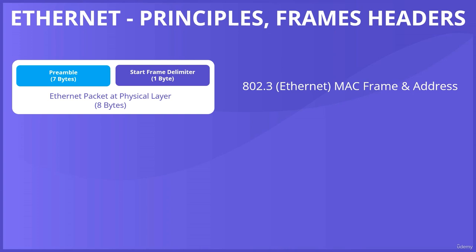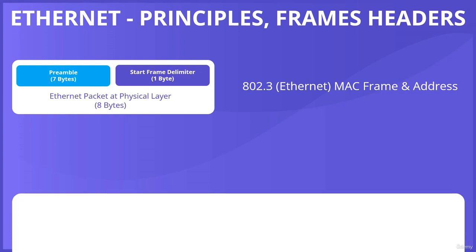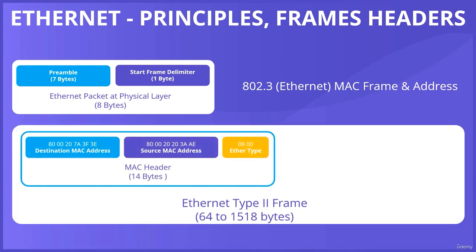There are 4 types of Ethernet frames, and the most common one is the Ethernet 2 frame, also known as DIX frame. We're talking about the Ethernet 2 frame at the moment. Each Ethernet frame starts with an Ethernet header, which contains destination and source MAC addresses as its first 2 fields.